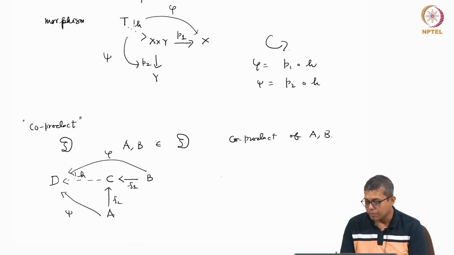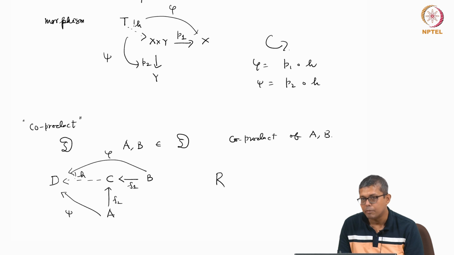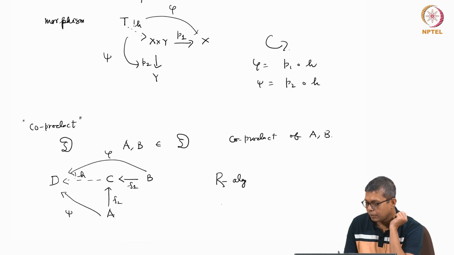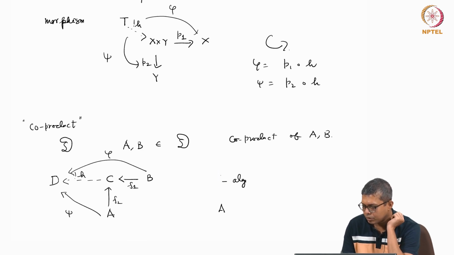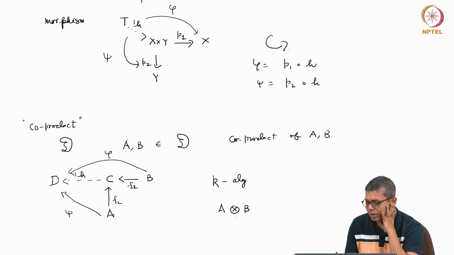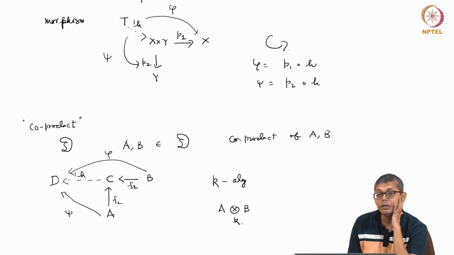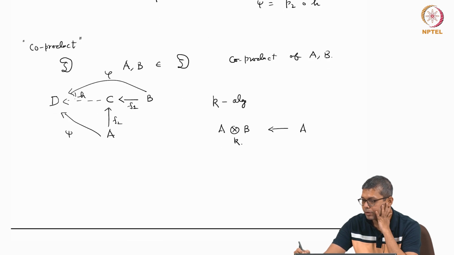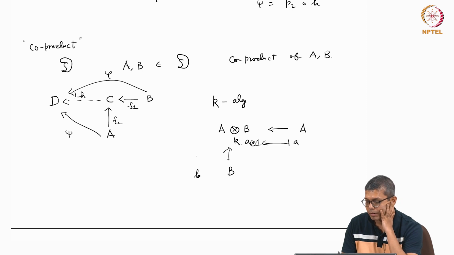But here, for example, what I want to say is that if you consider R a commutative ring and you consider R-modules or R-algebras, in our case it will be R-algebras. So if you take two K-algebras, say A and B, where K is a field, then A tensor B over K is also a K-algebra, and this is a co-product because you have the map from A to A tensor B, a goes to a tensor 1, and similarly from B, b goes to 1 tensor b.